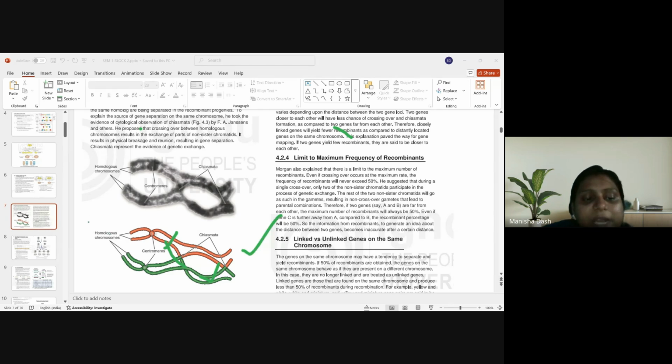Let's say this segment is having a capital A and this is having a capital B gene, and this is having a small a, this is having a small b. After the recombination, the capital A will have the small b alongside it, the small a will have the capital B alongside this.